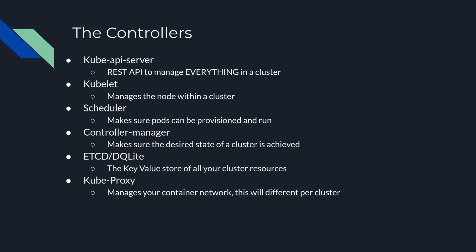The scheduler, like the name implies, actually schedules all your pods. Now, you can use the default Kubernetes scheduler, but in the cloud you might opt for something else. But it always comes down to the same thing.